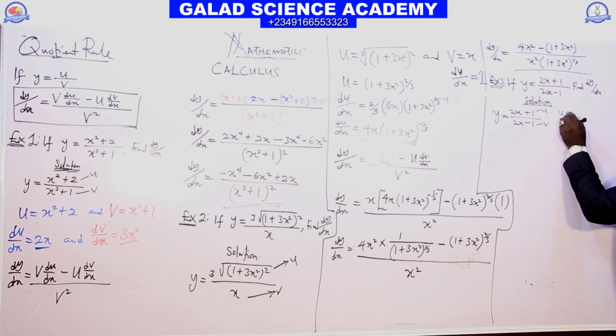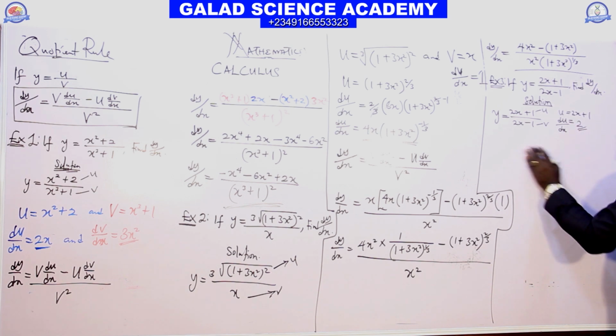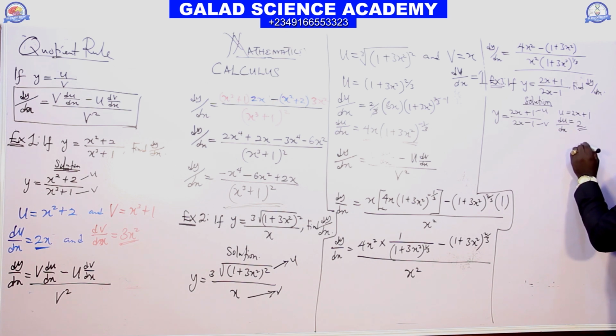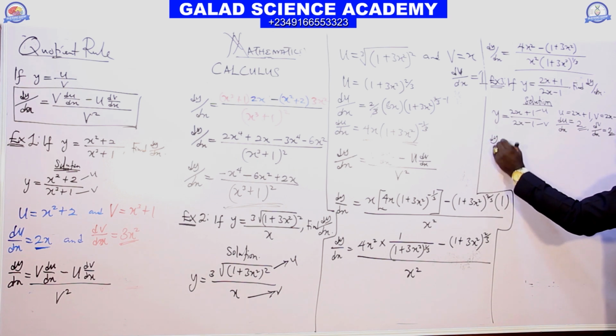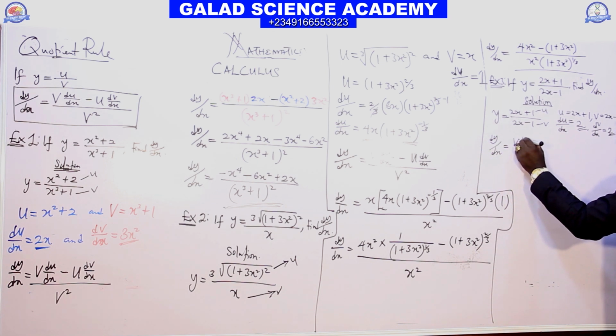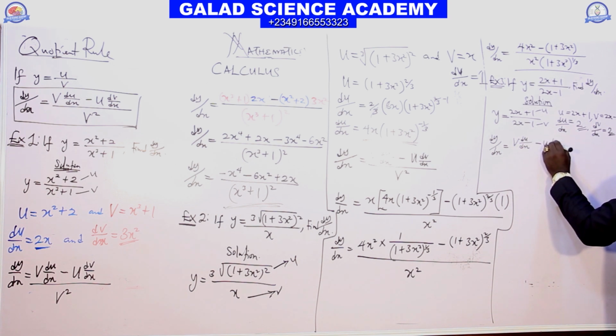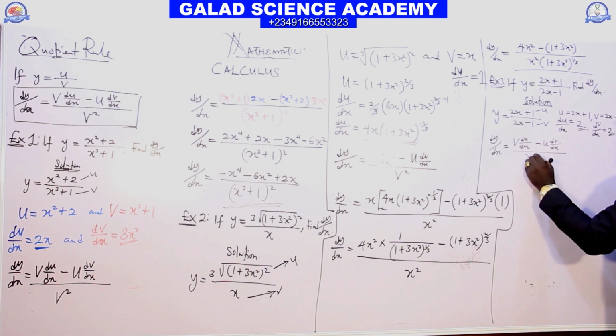So if we say u equals 2x plus 1, du/dx will be 2. And let us say v equals 2x minus 1, dv/dx equals 2. By using the formula, dy/dx equals v du/dx minus u dv/dx, everything over v squared.